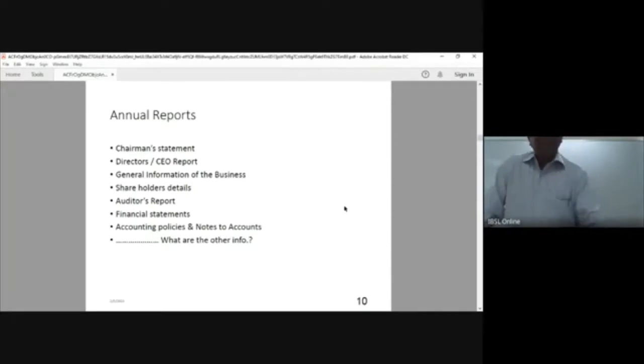Or at least on the first page or the cover, some important things will be there. Anyone? Annual reports? No? On the cover or the first page, you can see the very important vision, mission, objectives and values.